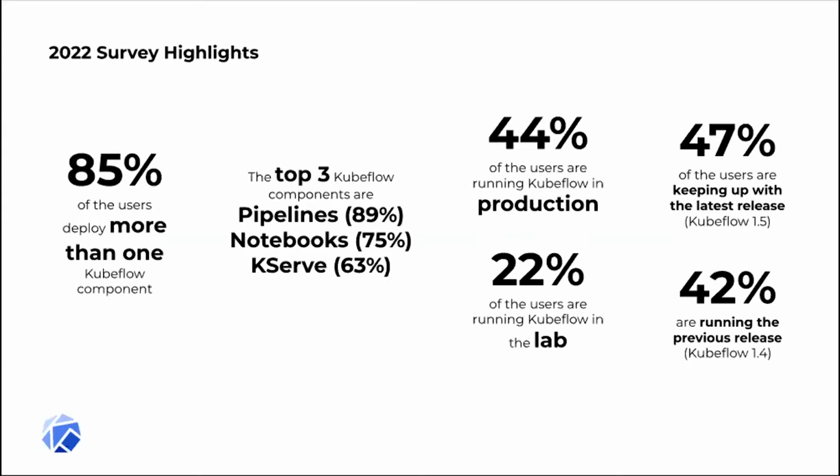And 44% of the users are actually running Kubeflow in production, and 22% are running Kubeflow in the lab. The survey also showed that many of the members, 47%, are keeping up with the latest release. At the time of the survey, 1.5 was the latest release, and 42% are running the previous release, which is Kubeflow 1.4.